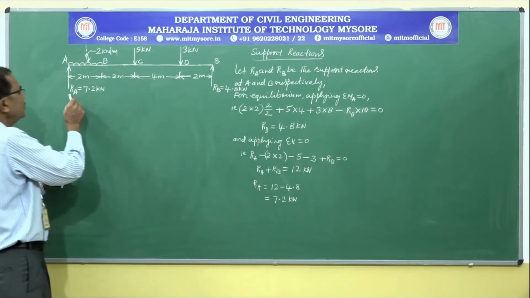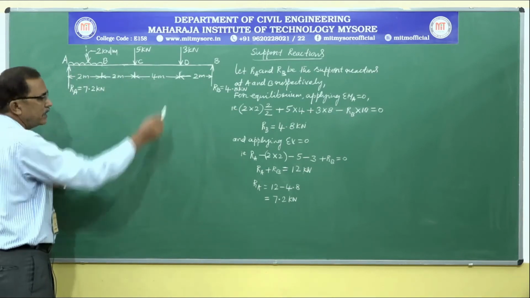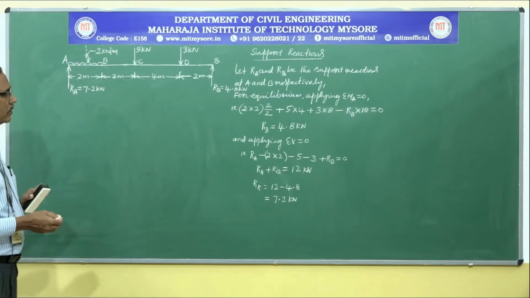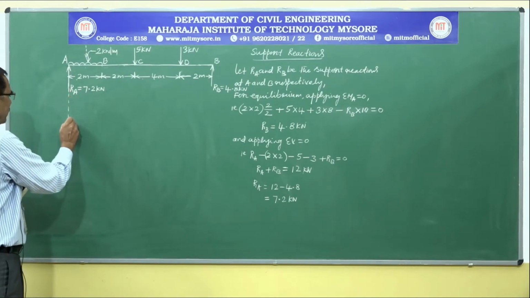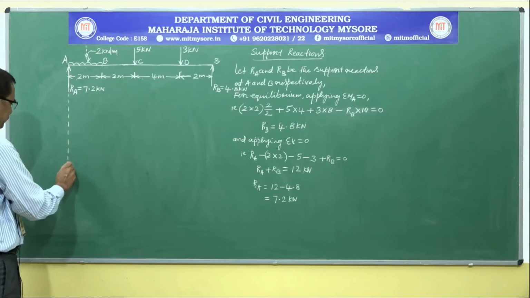We have the magnitude of loads at all the salient points. Let us produce those salient points in the downward direction by means of dotted lines.